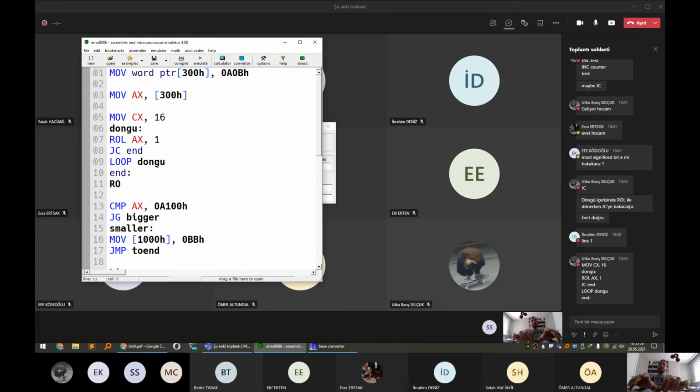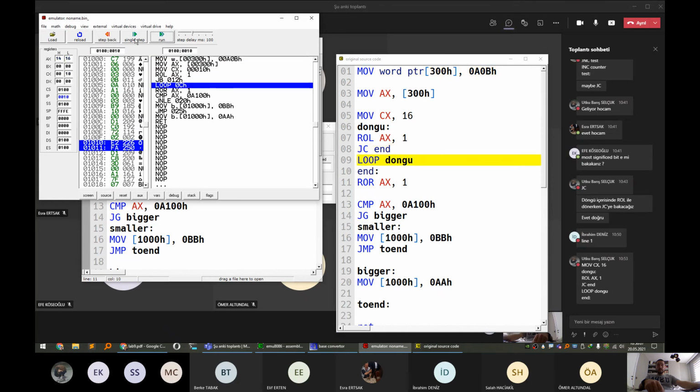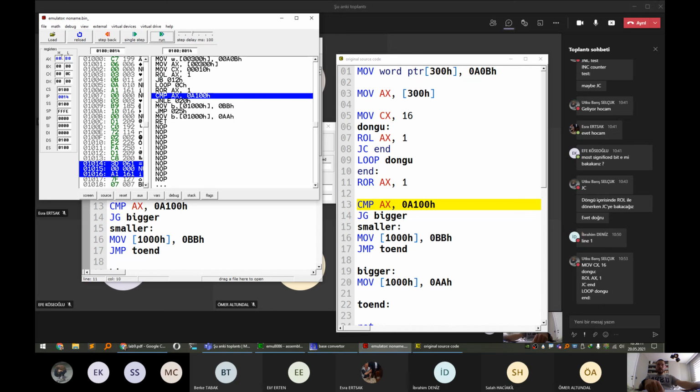So I'm going to rotate right 1 time in order to give the 1 back into the value. Okay, now we have A0 B0.